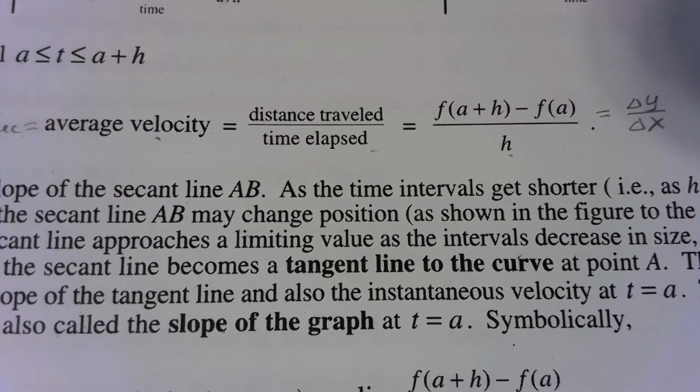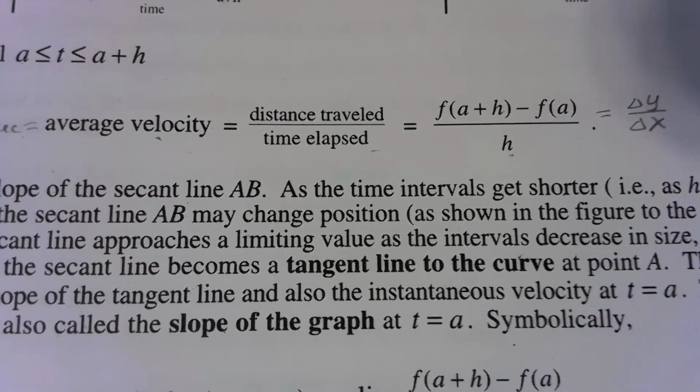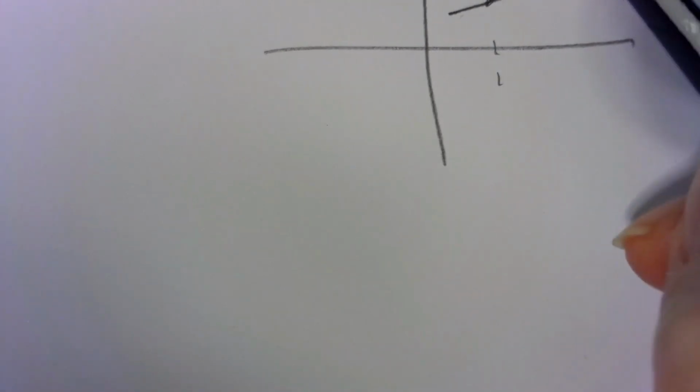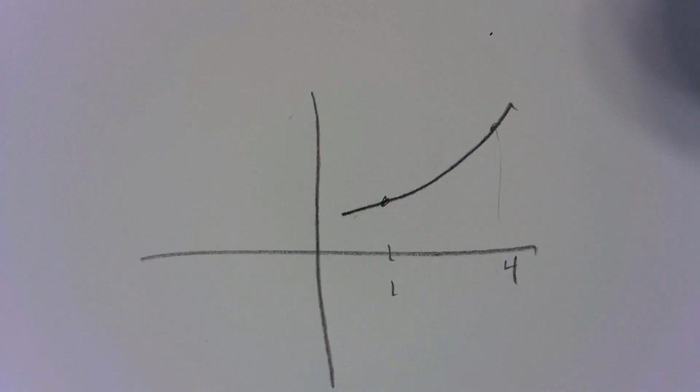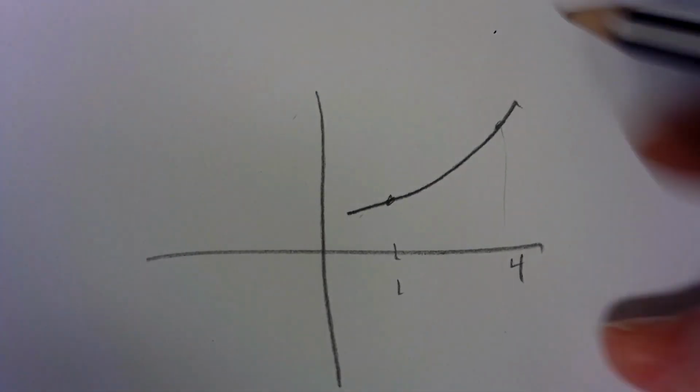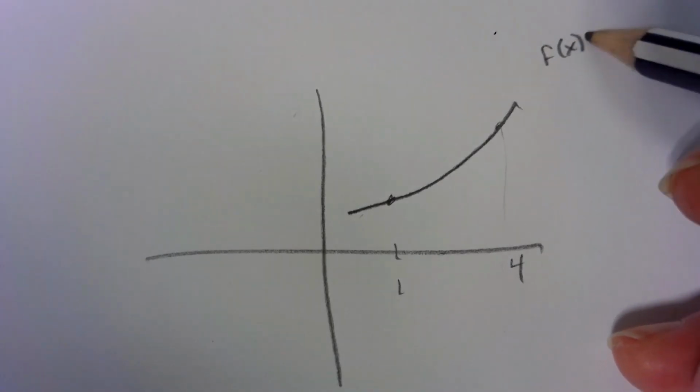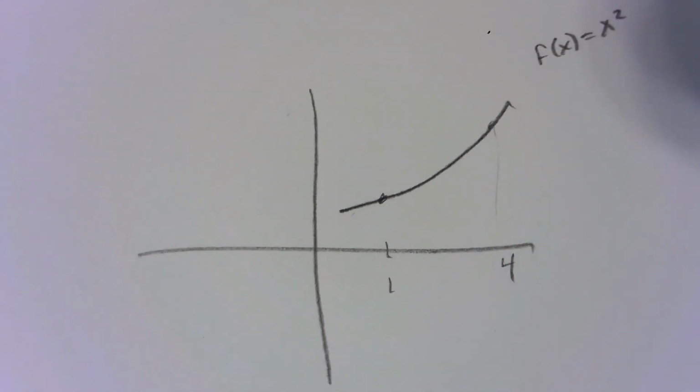So let me get a piece of paper here. Perhaps you have some curve, and we'll call this 1 and we'll call this 4. Okay? Let's call this function x squared. It's part of x squared.